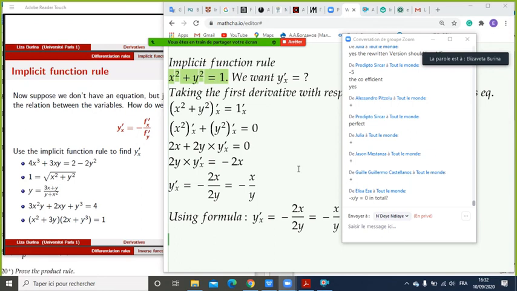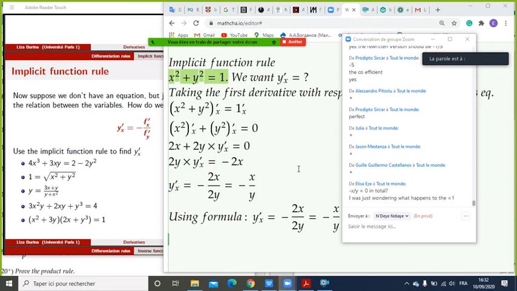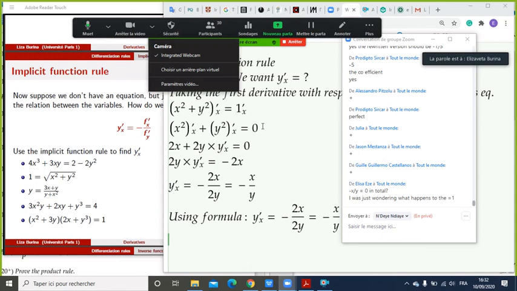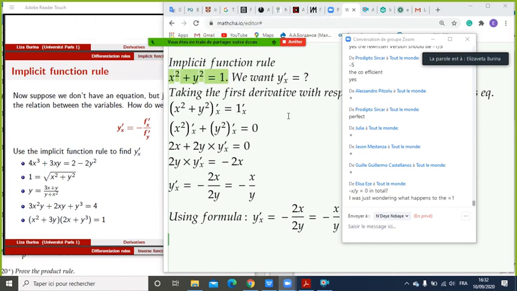Is that okay? No? Ah, well, what happens to 1? We were just taking the derivatives of both sides, and the only thing that could happen to 1 is it becoming 0. But it doesn't mean that minus x over y is equal to 0.